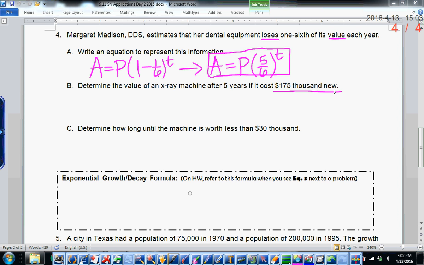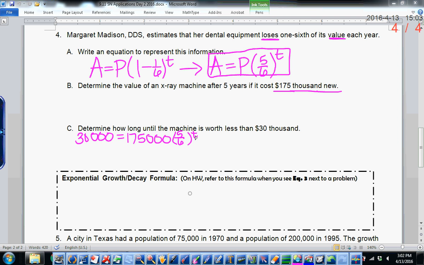Yes. Yeah, because the value keeps going down, right? So let's say that 30,000 is equal to our principal, which is 175,000, times 5/6 to the T power.